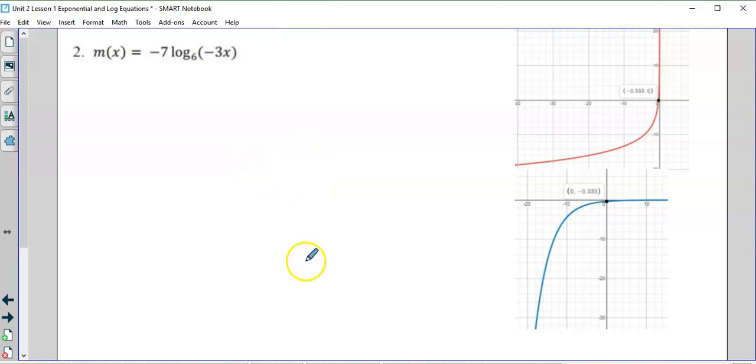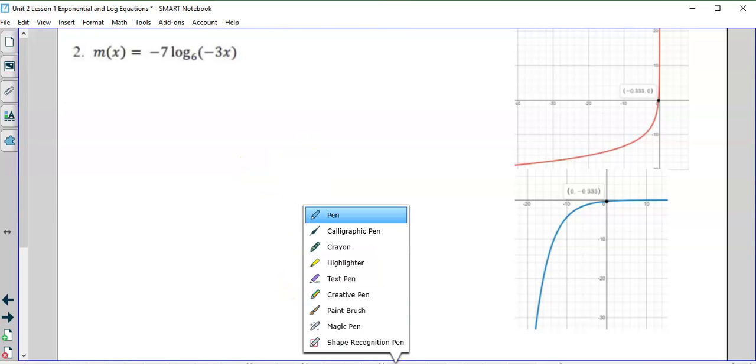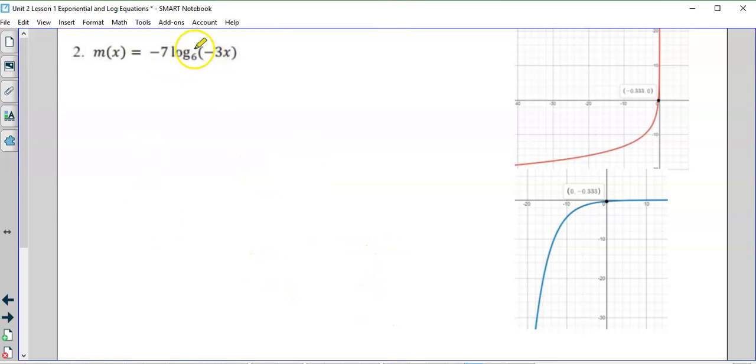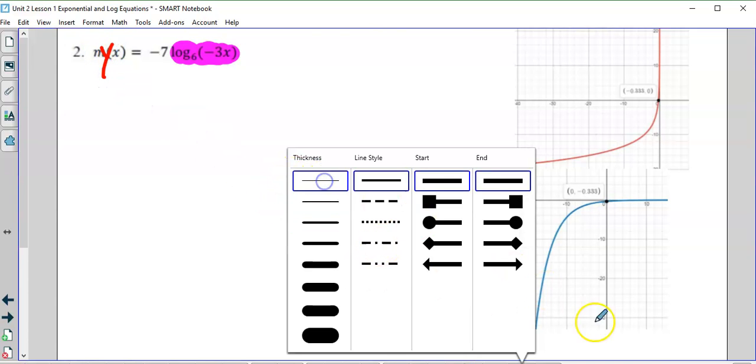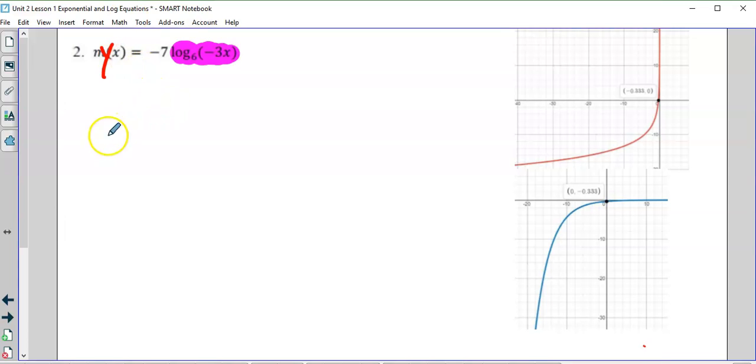Let me show you what has to be isolated. I'm going to highlight it again. This part right here, the log, the base, and the part in parentheses. I have a negative 7 I'm going to have to get rid of in a second. But the first thing I want to do is change this to a y and then switch the x and the y. I'm sorry, that's wrong.